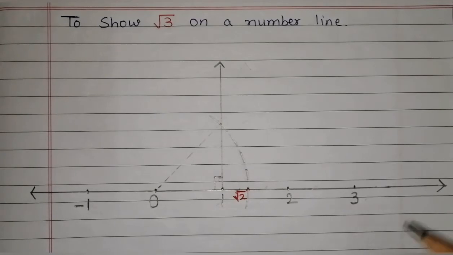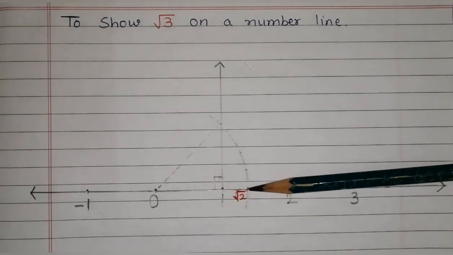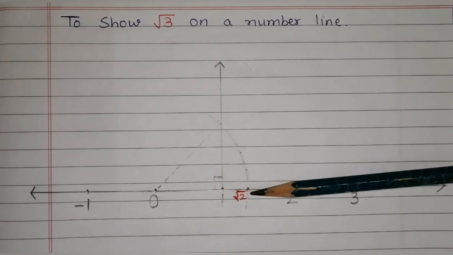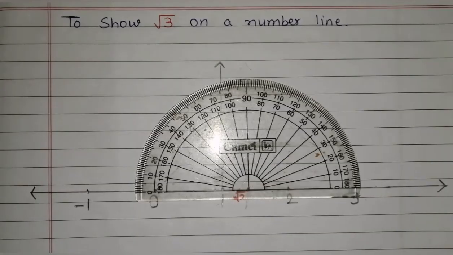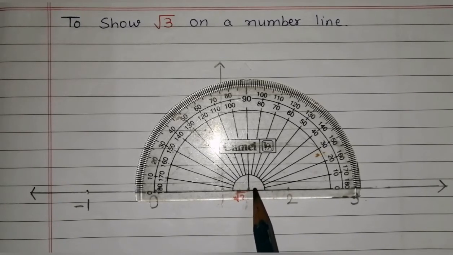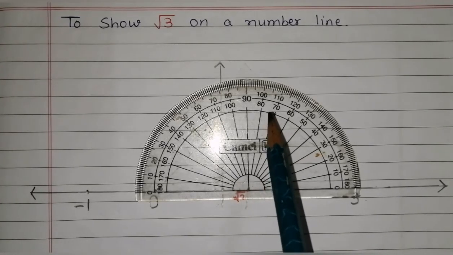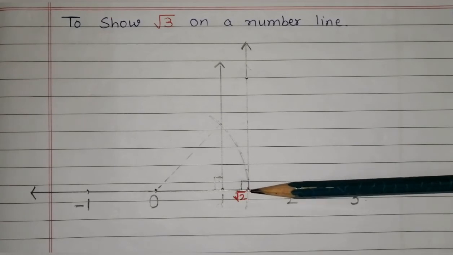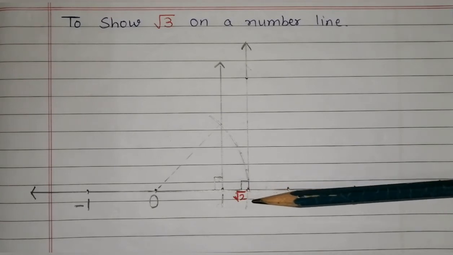Then you have to draw a perpendicular at the point of square root of 2 with the help of a protractor. So now we will keep the protractor straight on square root 2 to draw a perpendicular on it. So now we have drawn a perpendicular on square root 2.